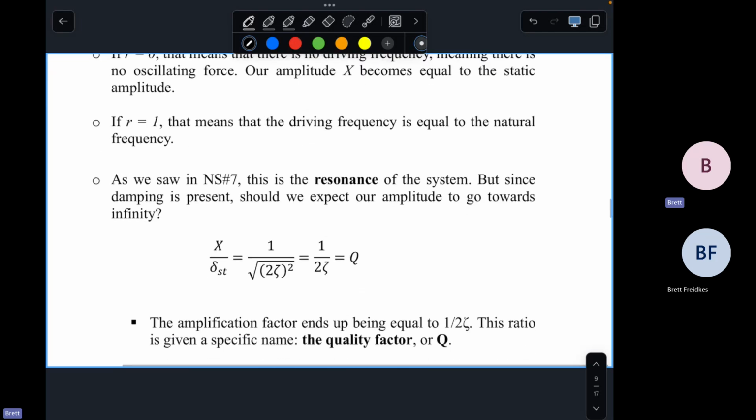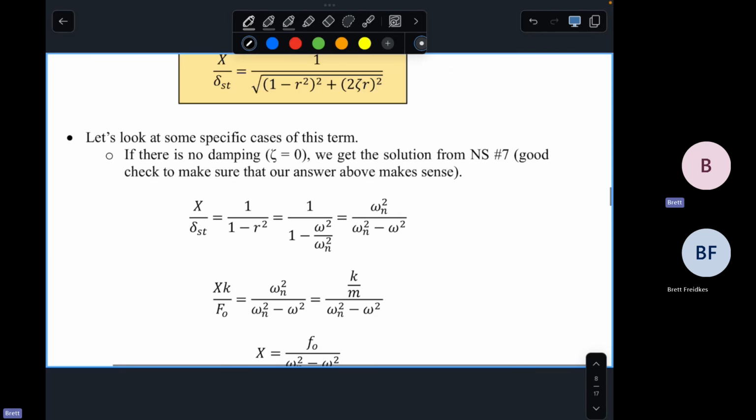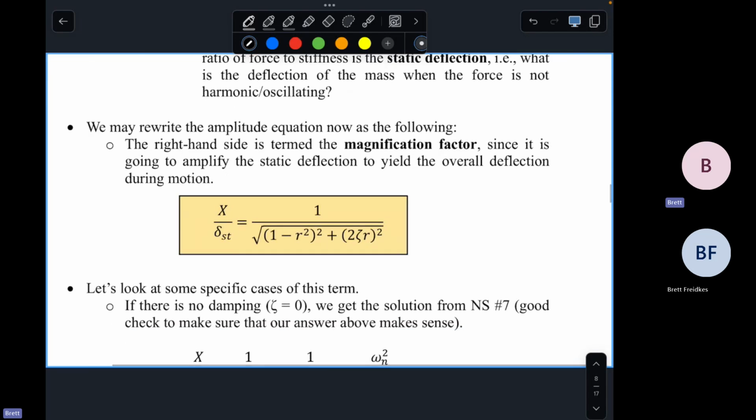So this is something that people didn't remember from last time. When R equals 1, let's come back to this equation. When R equals 1, meaning we're at resonance, we're driving at the resonance of the system, X over delta static becomes what?